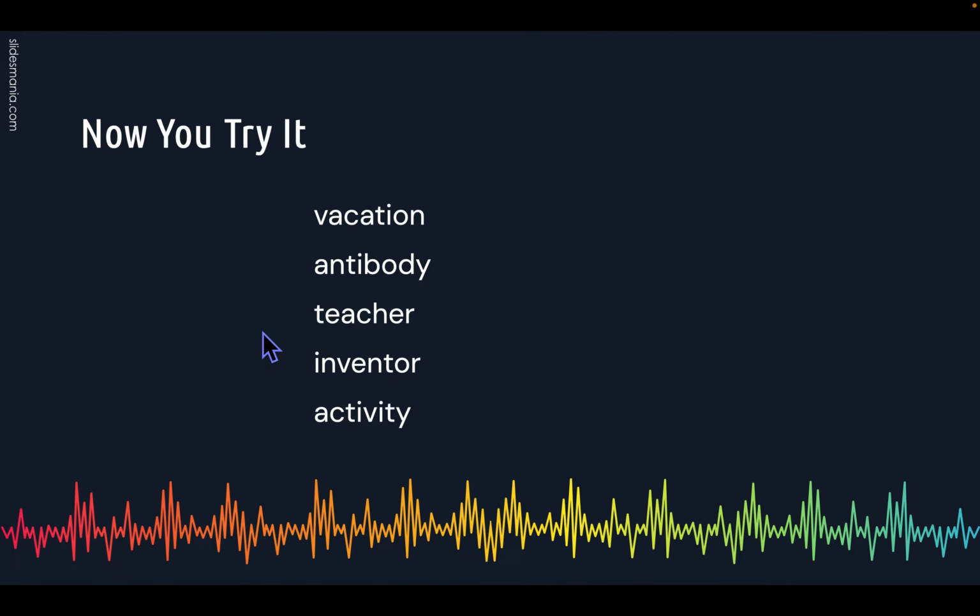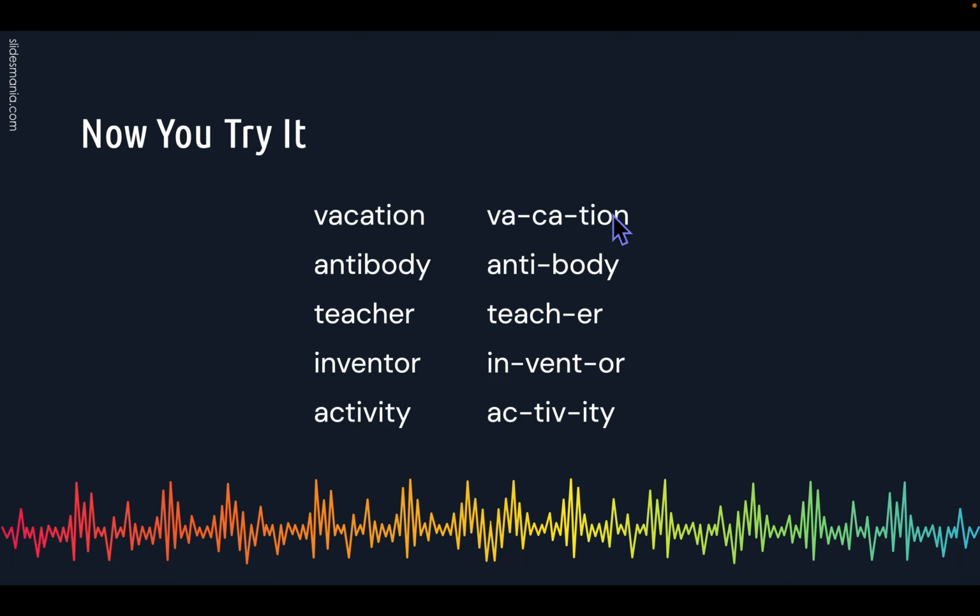All right, try these. Use the list of prefixes and suffixes from the video's description if you need it. Okay, we have shun, after a vowel before a single consonant, vacation. Now, I know this is actually two syllables, but it's one prefix, so I just left it as one chunk here. Antibody.